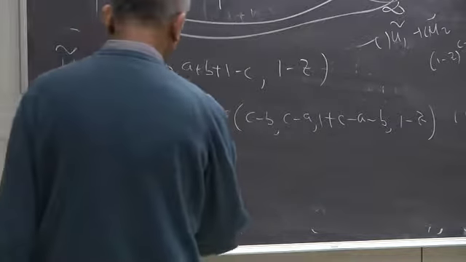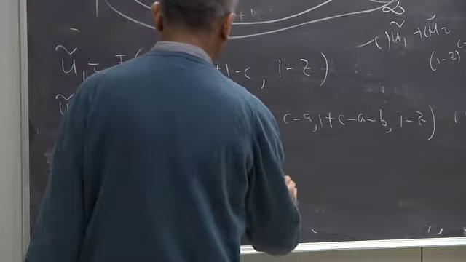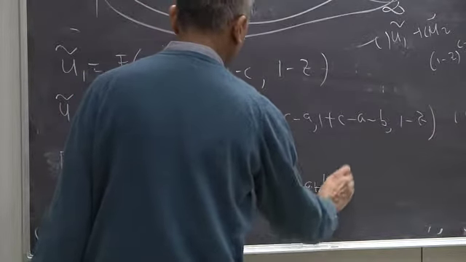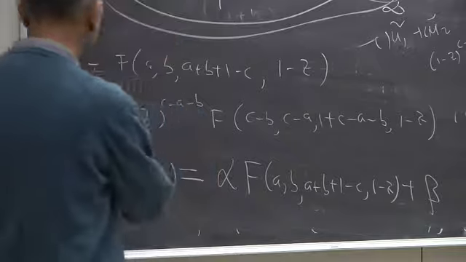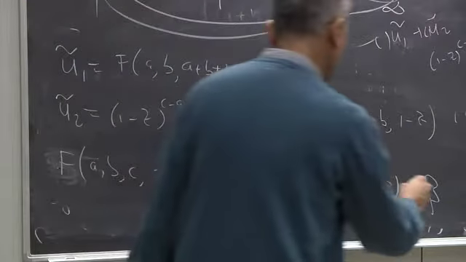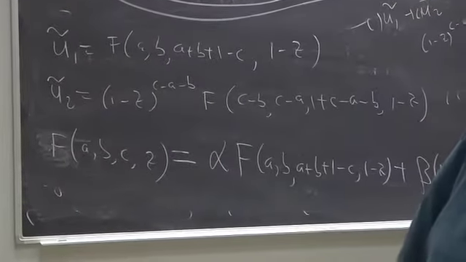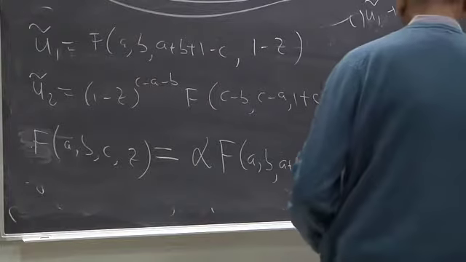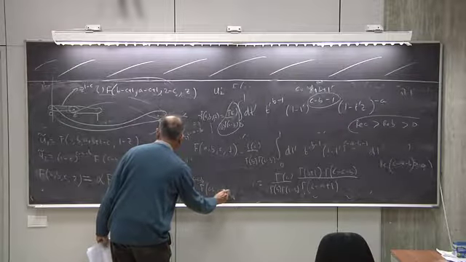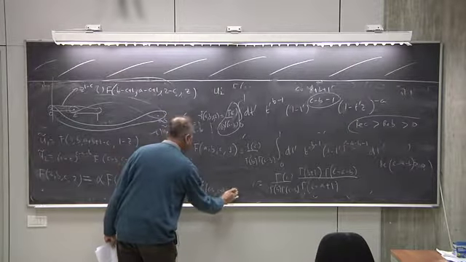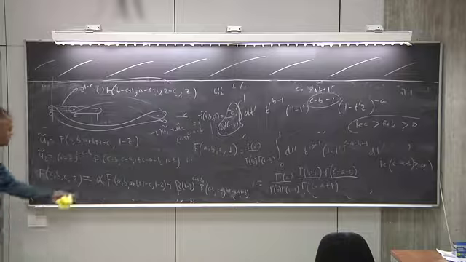It should be possible to write it as some coefficient alpha times u1 tilde, which is F(a, b, a plus b plus 1 minus c, 1 minus z), plus some coefficient beta times the second solution, which is (1 minus z) to the c minus a minus b times F(c minus b, c minus a, 1 plus c minus a minus b, 1 minus z). So the question now is, how do I compute this alpha and beta?